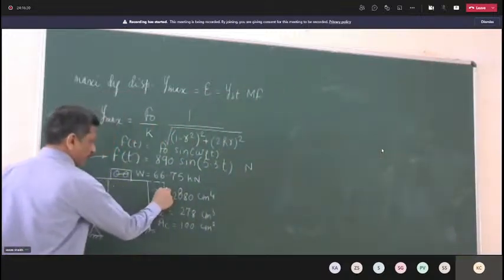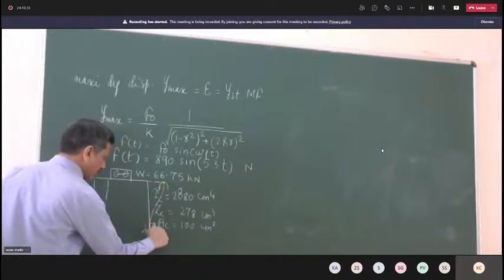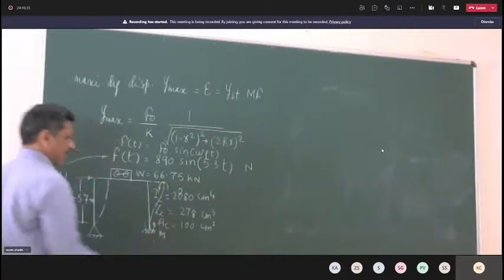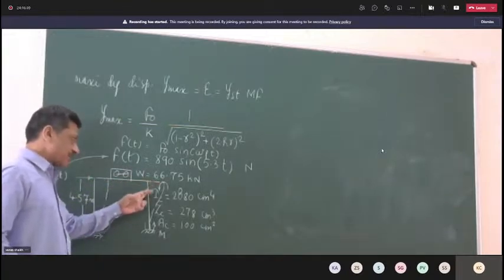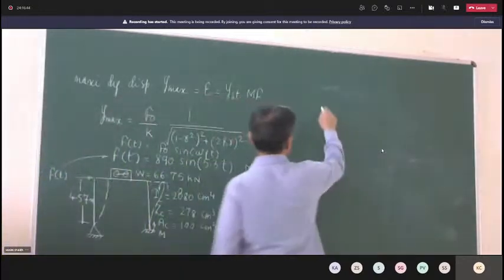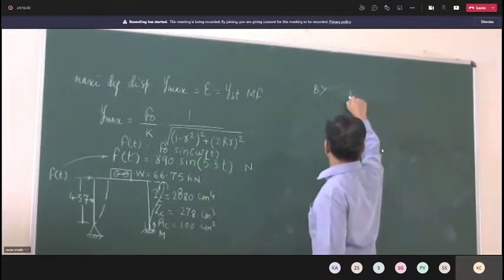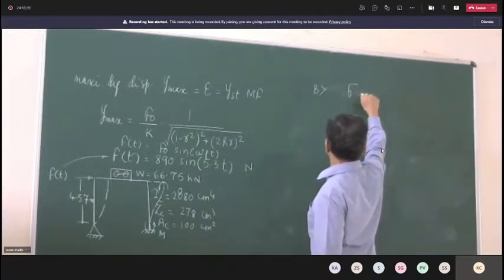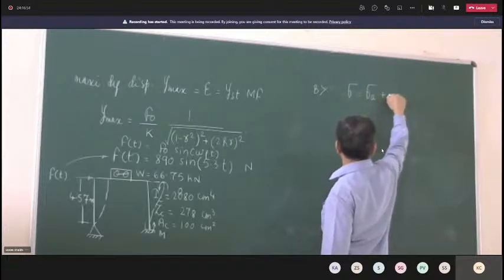Now, the column is subject to two forces. One is bending moment M, and the other, due to the weight of girder and weight of machine, is axial force. So in part B, the maximum stress in the column is axial stress plus the bending stress.